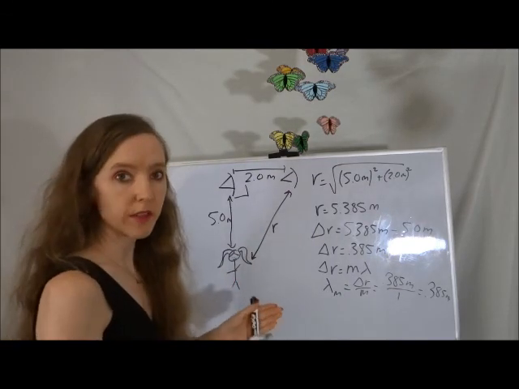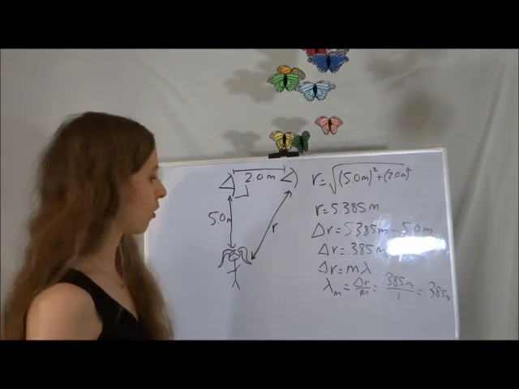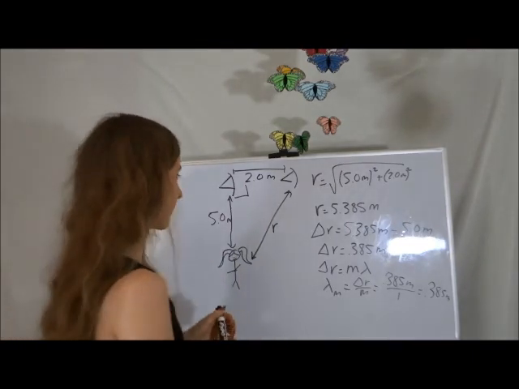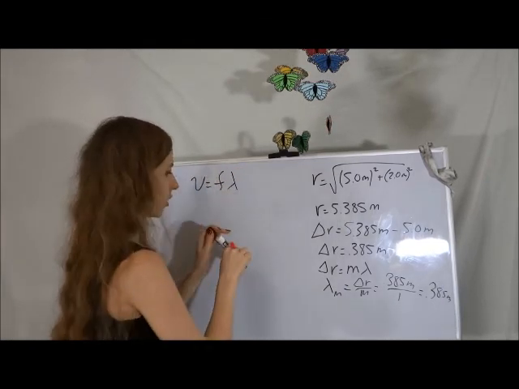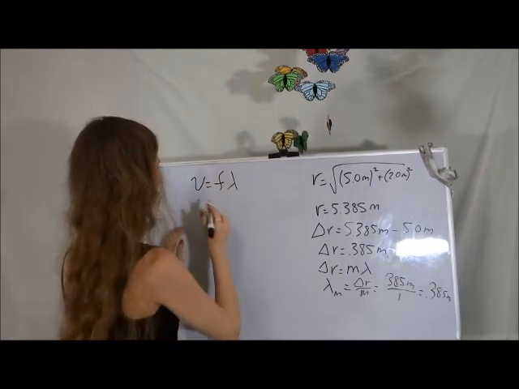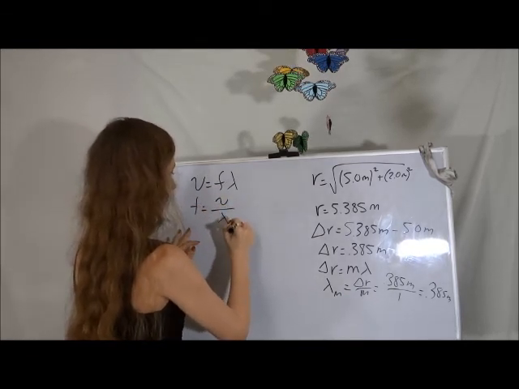Now that we know our wavelength, we can use our old friend v equals f lambda to figure out what the corresponding frequency would be. We want to solve for f, so f is equal to v over lambda.